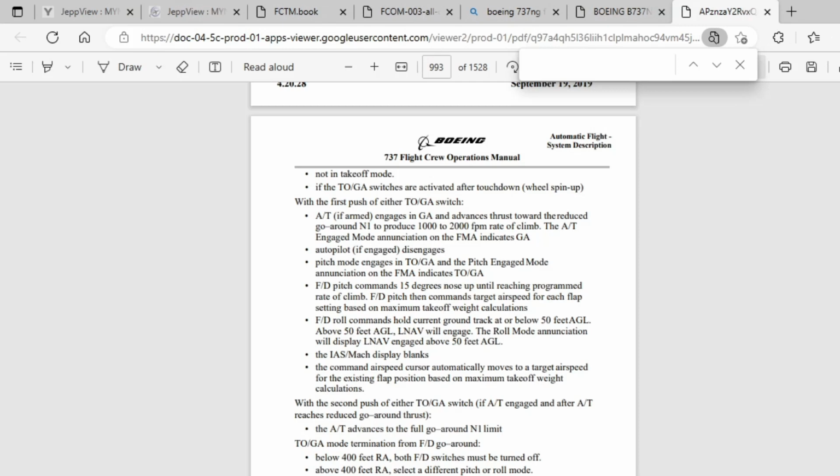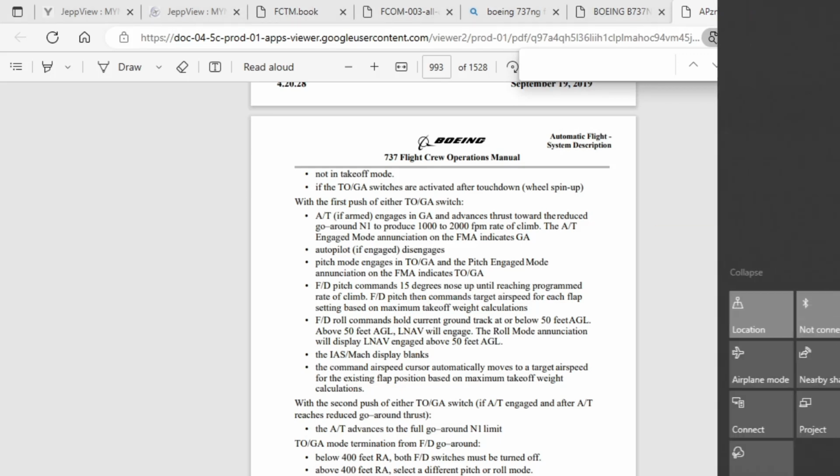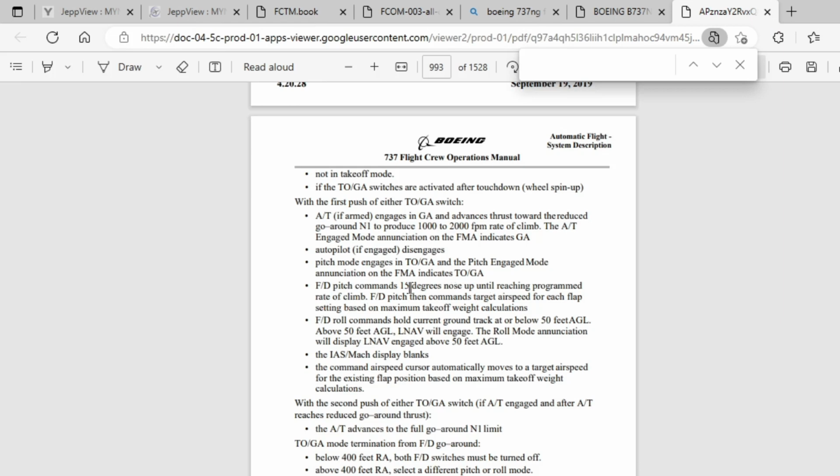And then the flight director will command 15 degrees of nose-up pitch until reaching the programmed rate of climb, and it will command the target airspeed for each flap setting, which is based on the maximum takeoff weight calculations.